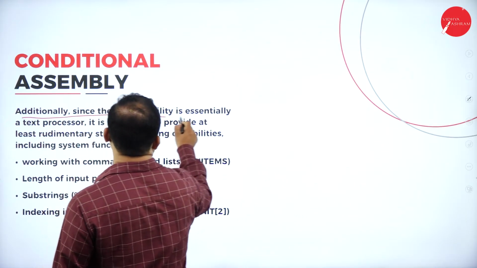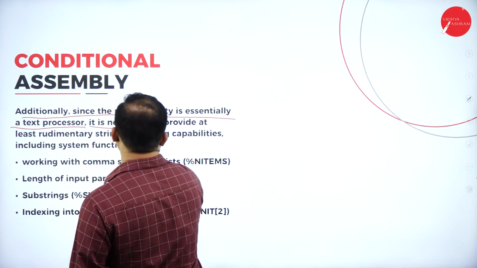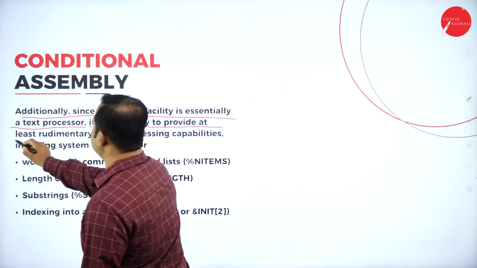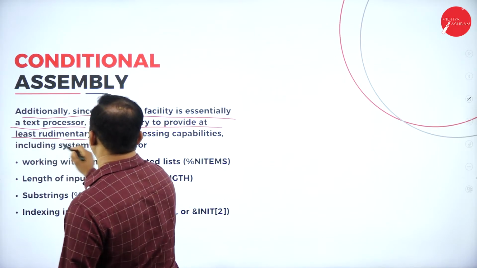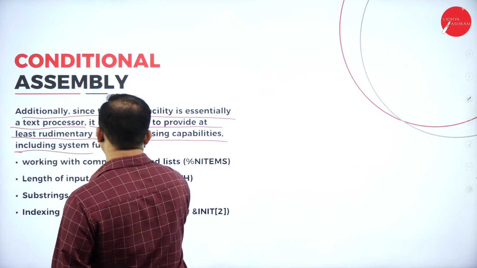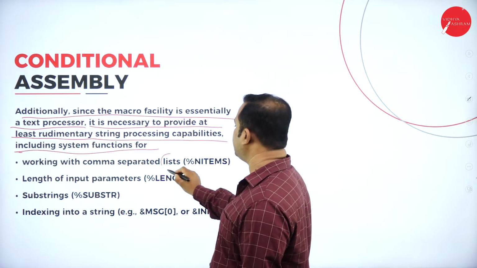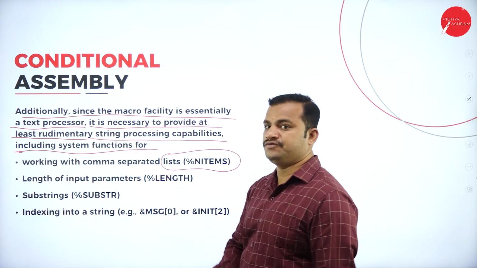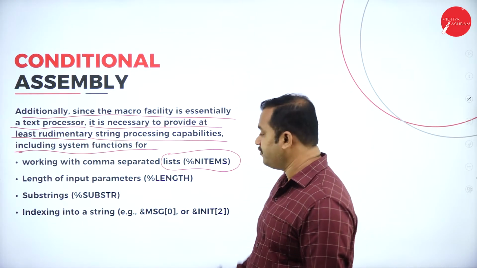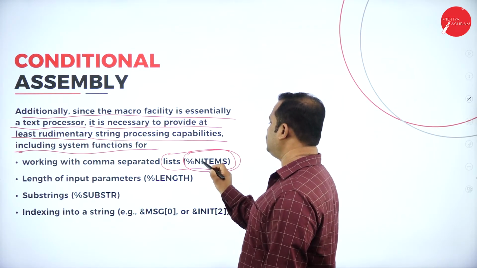Additionally, since the macro facility is essentially a text processor, it is necessary to provide at least rudimentary string processing capabilities, including system functions, for example, working with a comma separated list. Please observe this carefully, dear students. We have a percentage symbol here with n items.